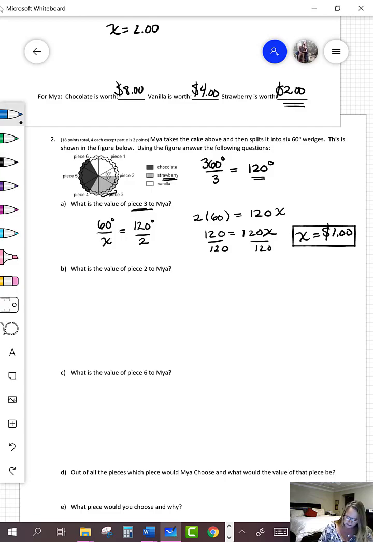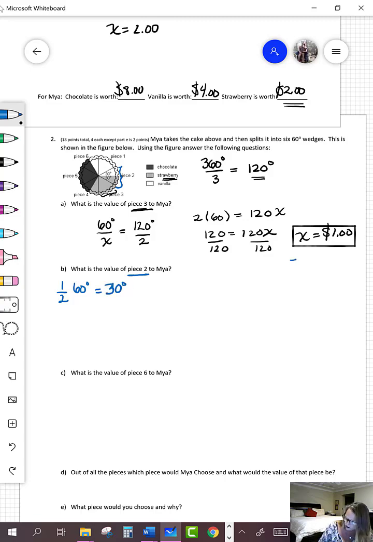So now we want to figure out what is the value of piece 2 according to Maya. Well, piece 2 in here is 30 degrees of vanilla and 30 degrees of strawberry. Well, 30 degrees of strawberry, we can reason that it's half of 60 degrees, which is equal to 30 degrees.